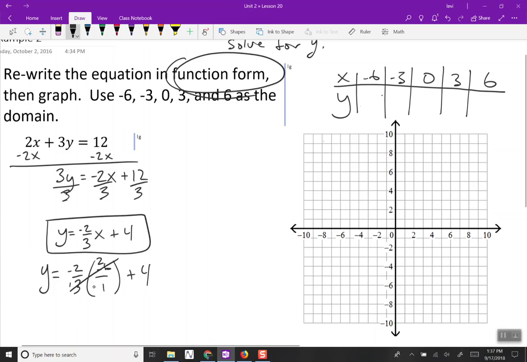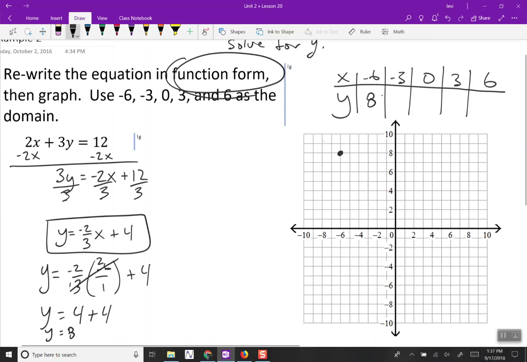And so now 2 times 2 makes 4, so this is 4 plus 4. Y equals 4 plus 4, or y equals 8. So when x is negative 6, y is 8. That's the point negative 6, 8. That's our first point that we just did.